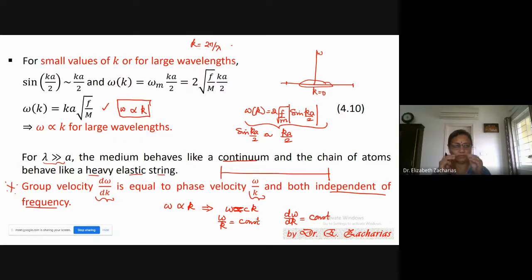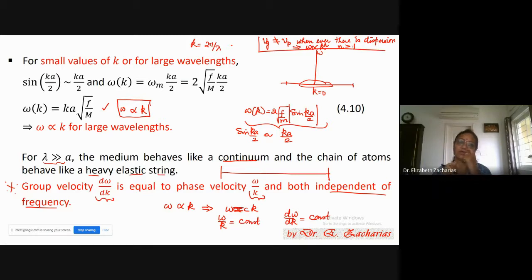So when will you find a group velocity different from a phase velocity? I'll tell you when that happens. Group velocity will not be equal to the phase velocity whenever there is dispersion in the medium. Dispersion means omega is proportional to k to the power of n, where n is greater than 1.